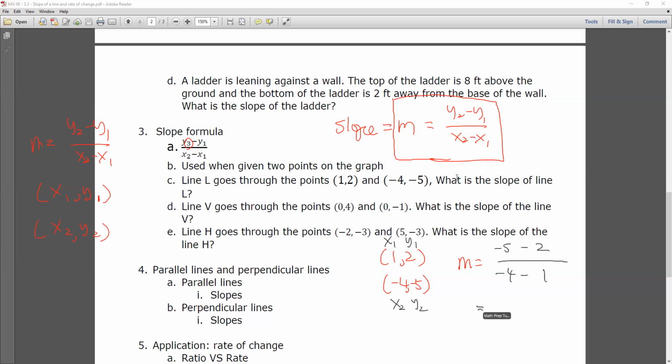Notice, I'm not going to worry about switching signs and everything. All I'm going to worry about for now is just plugging in numbers. So -5 minus 2 is -7. -4 minus 1 is -5. So my final answer is -7 over -5, or just regular 7 over 5.